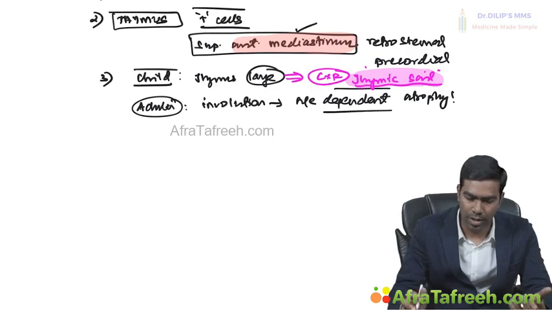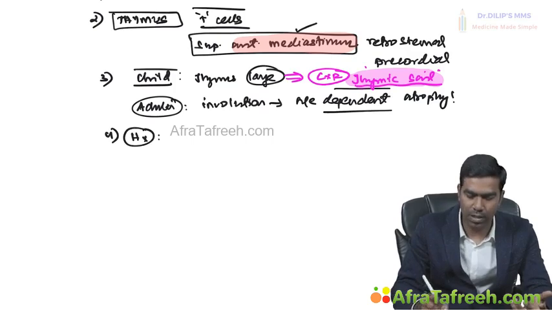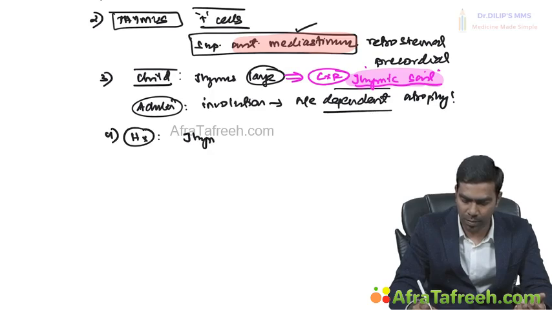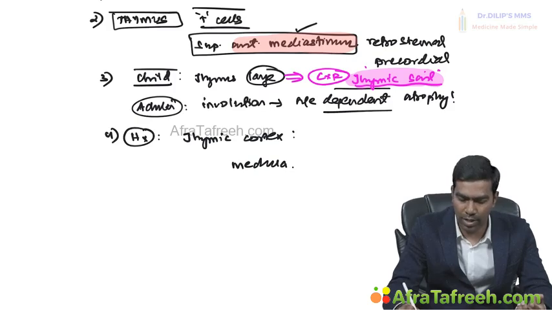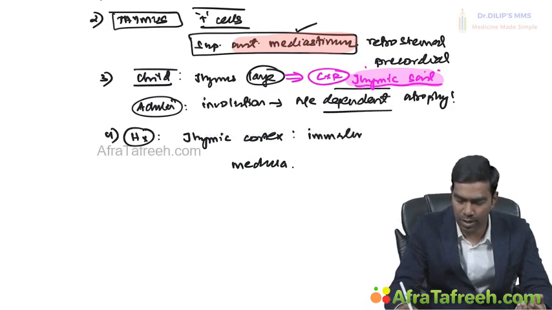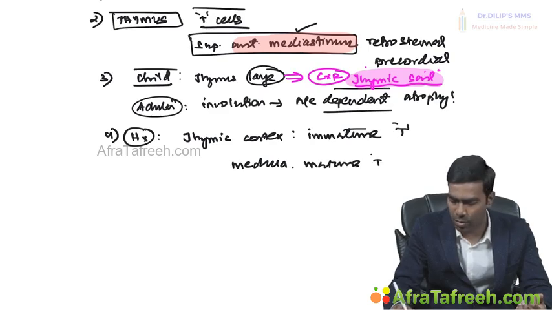So what are the components? When you do a histology or a biopsy, what are the things you are going to see in the thymus? As I already told you, you have a thymic cortex and a thymic medulla. The thymic cortex is going to contain more immature lymphocytes, immature T cells, which I have discussed already, whereas the thymic medulla is going to contain more mature T cells.